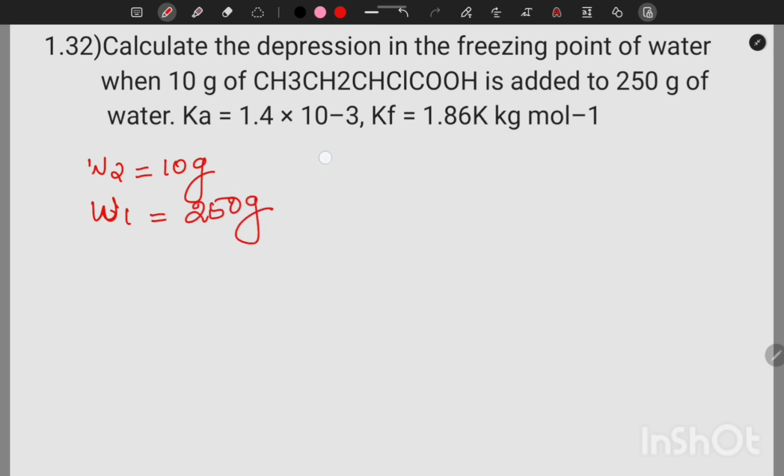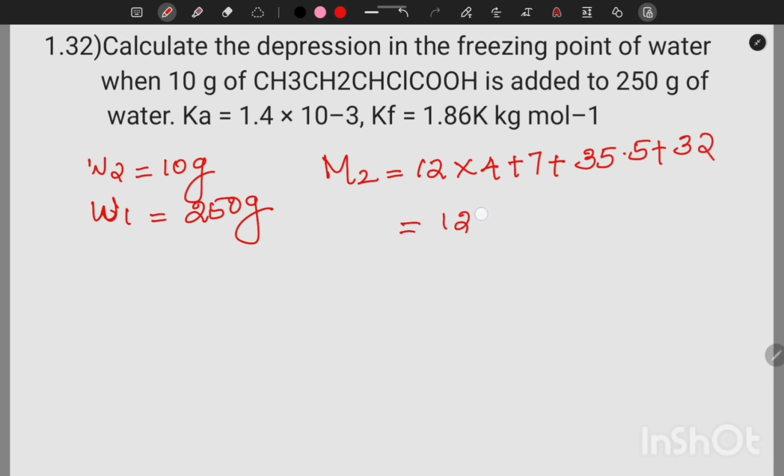Then let us calculate molar mass of solute. 2-chlorobutanoic acid, here we have 4 carbon atoms, so 12 into 4 plus 7 hydrogen atoms plus 1 chlorine atom and 2 oxygen atoms, so 2 into 16, 32. When we simplify, we will get 122.5 gram per mole.